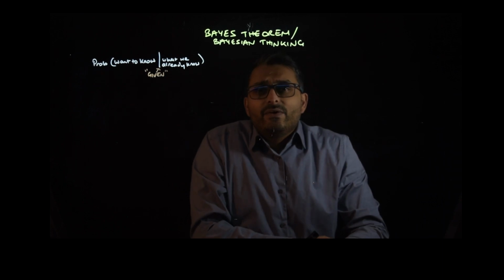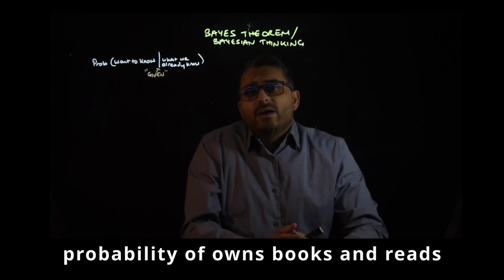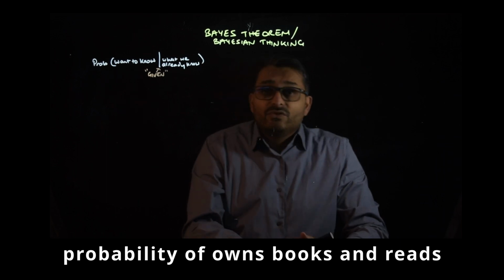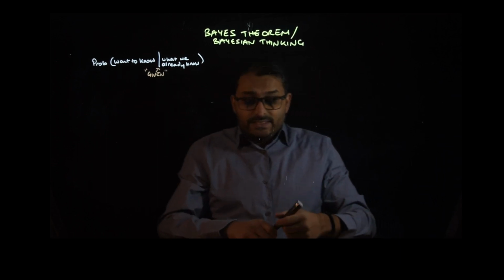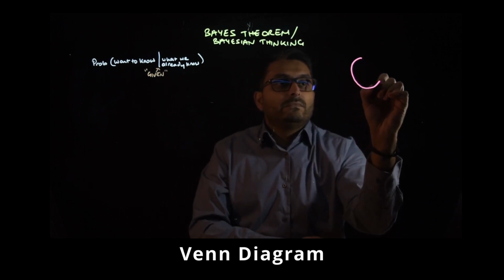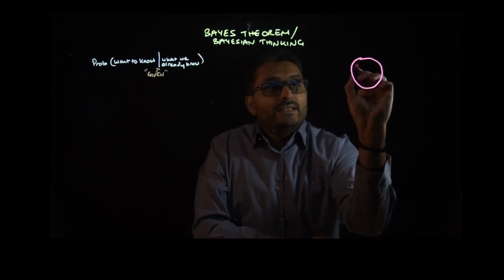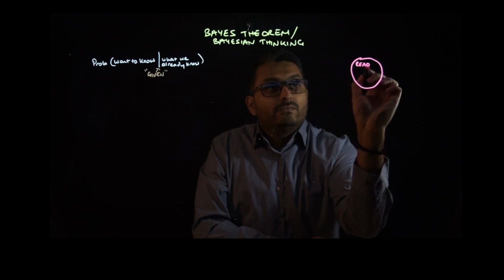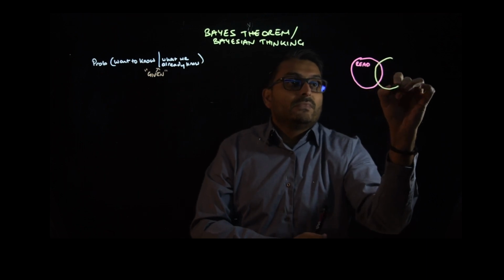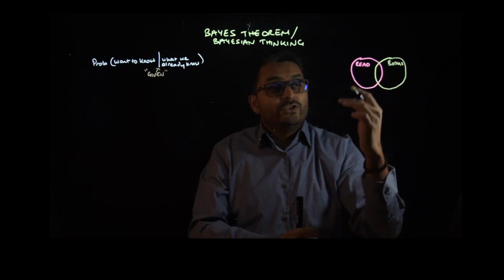Let's say there is a class of 20 children. What is the probability that we pick a student that owns books and reads? So let's draw a Venn diagram. This circle is that they read, and this circle is that the students own books.